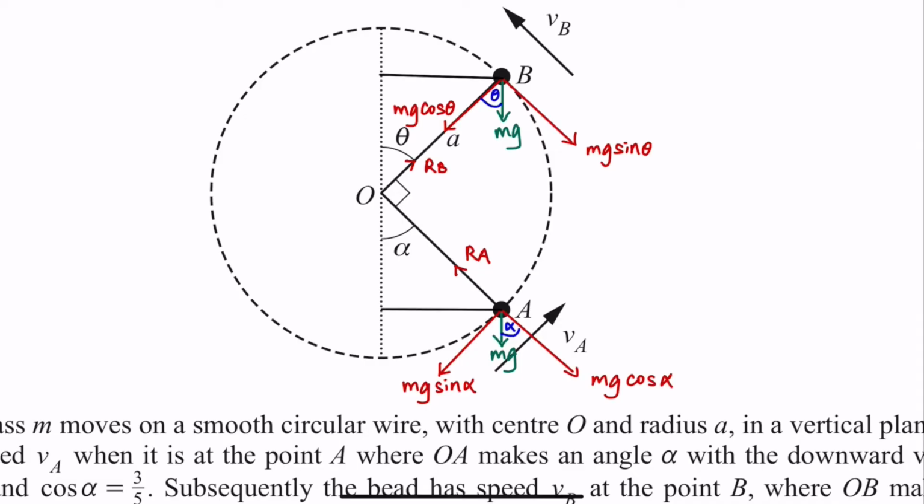We need to find this height, and since we know that this is a, this distance would just be a cos theta, and for this we would have a cos alpha. So height is simply a cos theta plus a cos alpha.